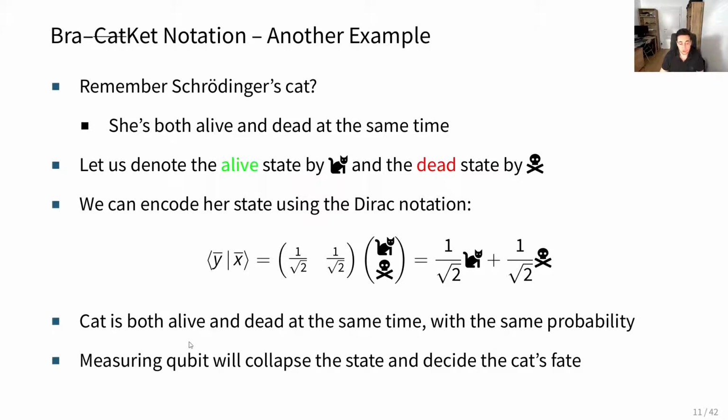And what we can also say is now about the measuring result. So if we measure the state, then we will get one of the answers with the same probabilities, each of the two. And basically measuring will collapse the state, and we then know the fate of the cat. So this will decide the cat's fate. Okay, so this is the same as before, just with maybe a more intuitive notation.